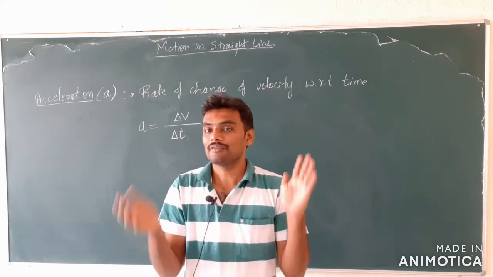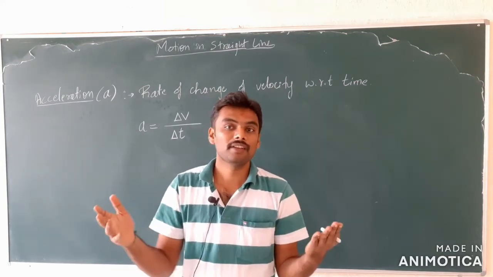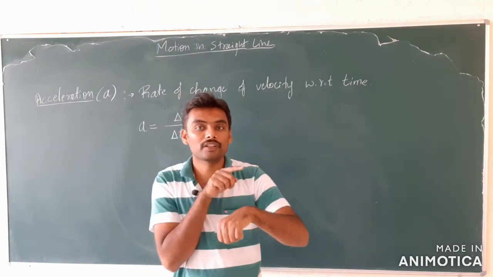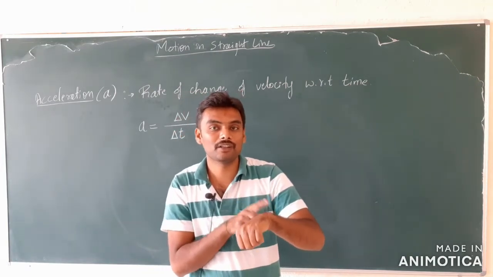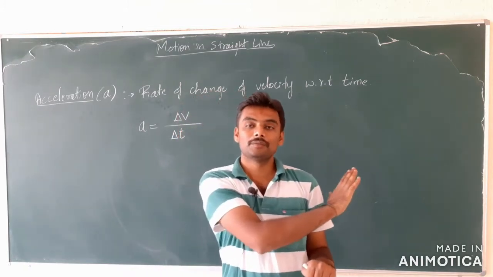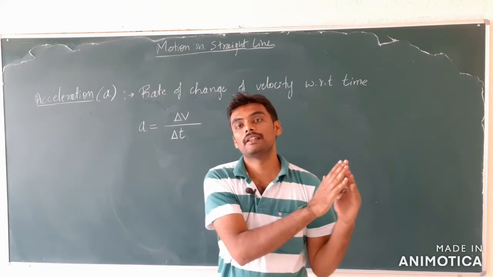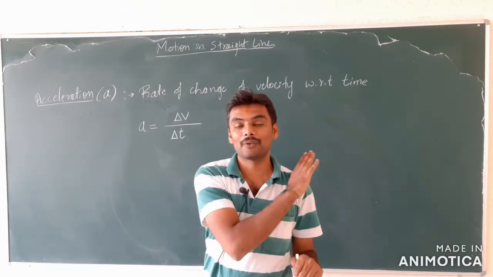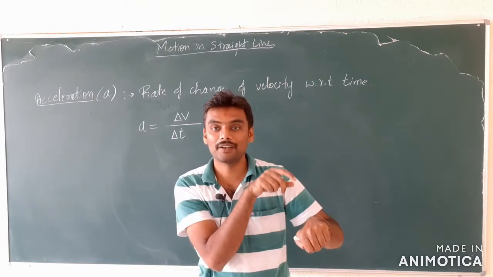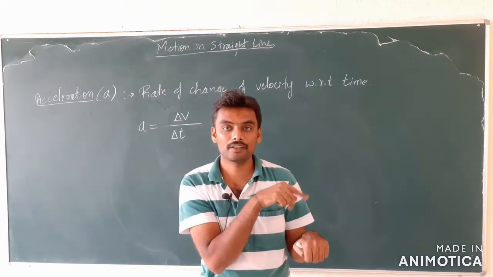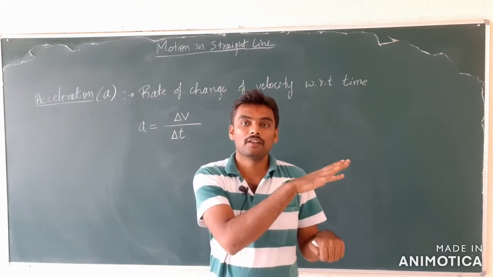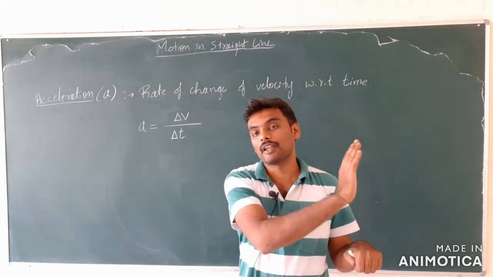For the same motion, if I do not have a stopwatch, I just need to note the time in the regular watch. Once the motion starts, we note the time, say 10 o'clock, 10 minutes.